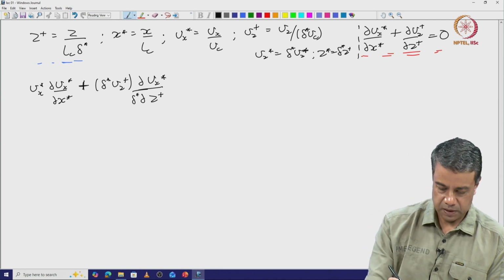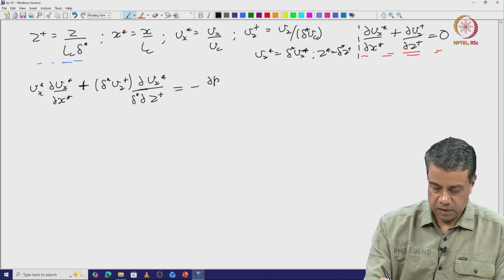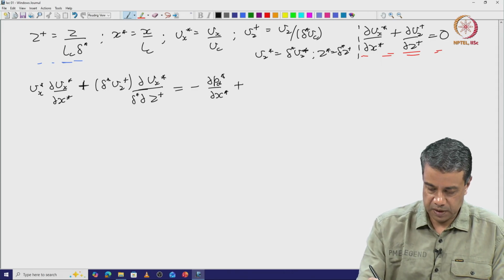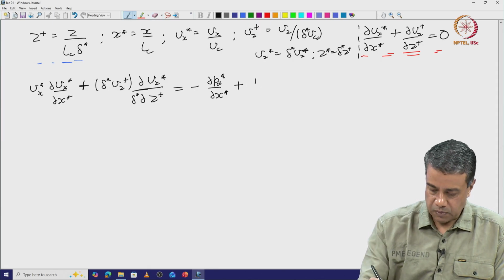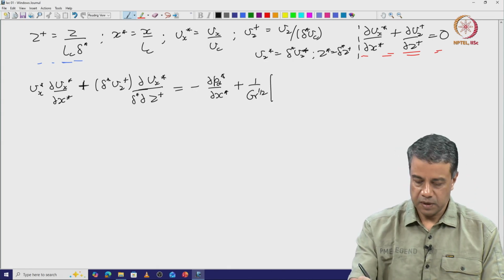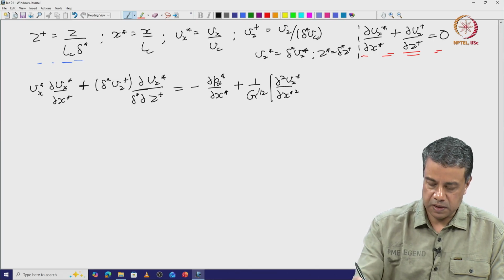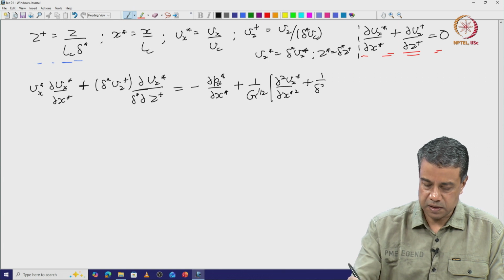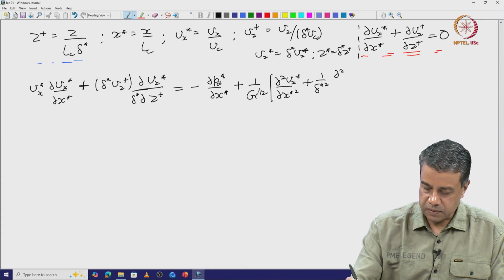This is equal to minus partial p by partial x star plus 1 by Grashof to the half into partial square Vx by partial x square plus 1 by delta square partial square Vx by partial z plus square.